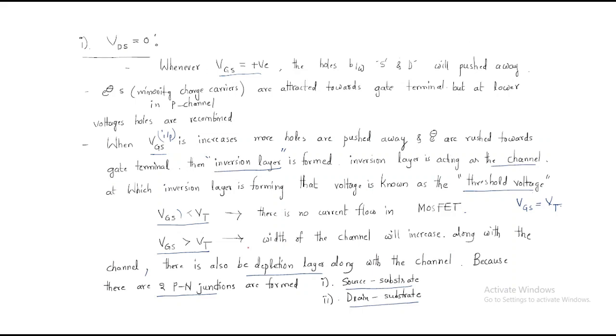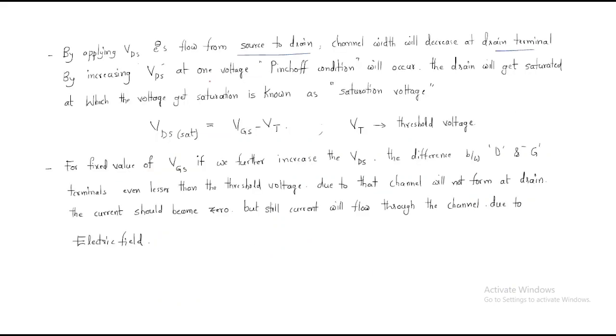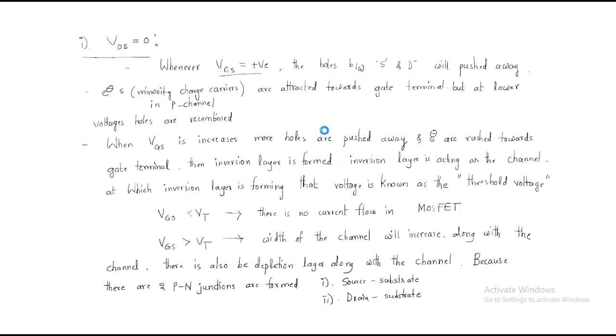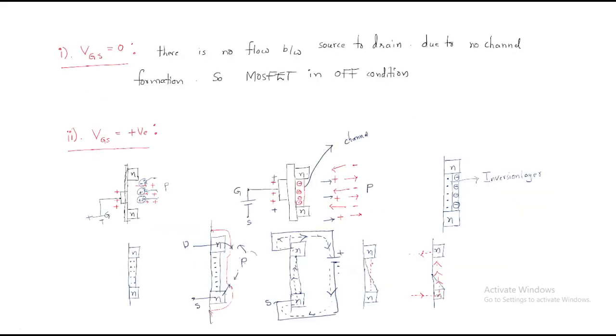What is the reason for decreasing the width? By increasing the VDS to one voltage, pinch off condition will occur. So by still increasing, the channel width will decrease.